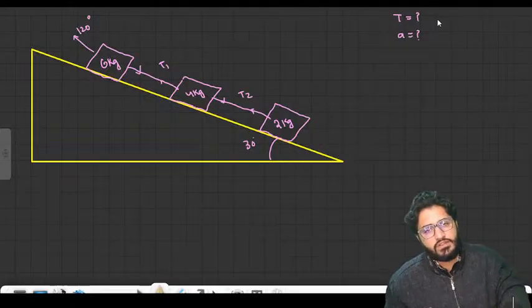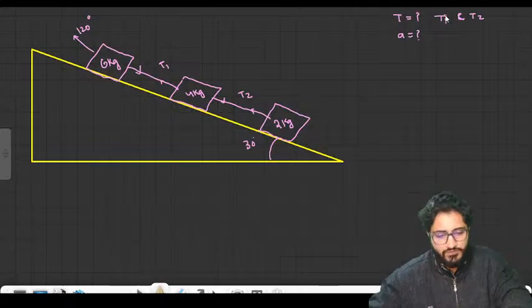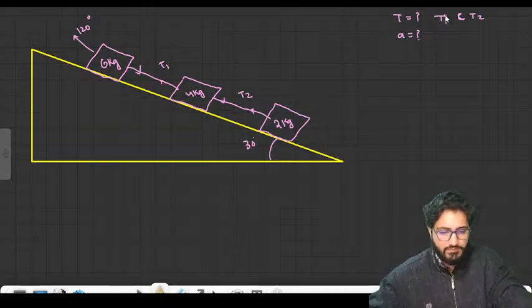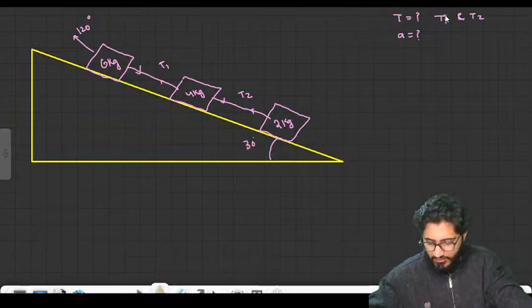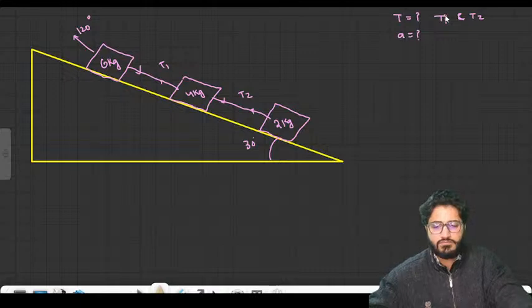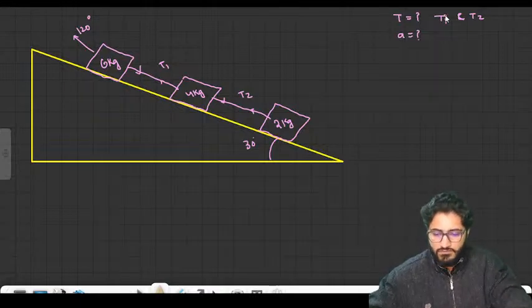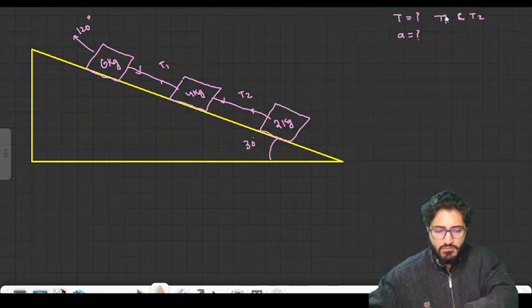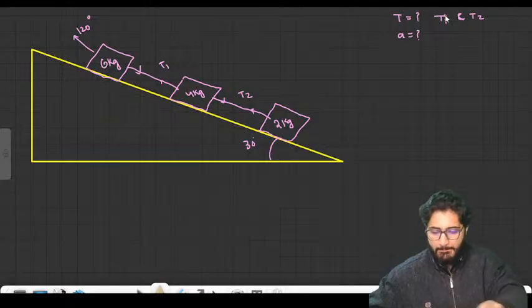Find tension T1, and T2, and acceleration. Done? Easy or super easy?